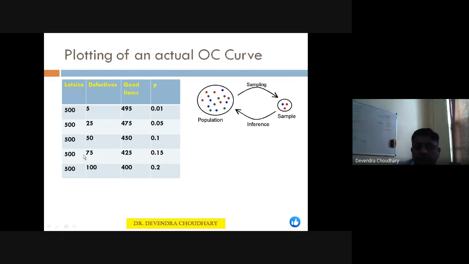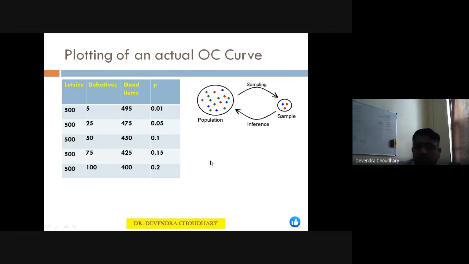Then you mix it again thoroughly. You take a random sample of 30 items, you again count the number, and you decide whether it is to be rejected or accepted. This procedure you repeat for this combination 10 times. Then you count the number of accepted and rejected, and write total accepted by 10 trials. So this will give you the probability of acceptance at this fraction defective.